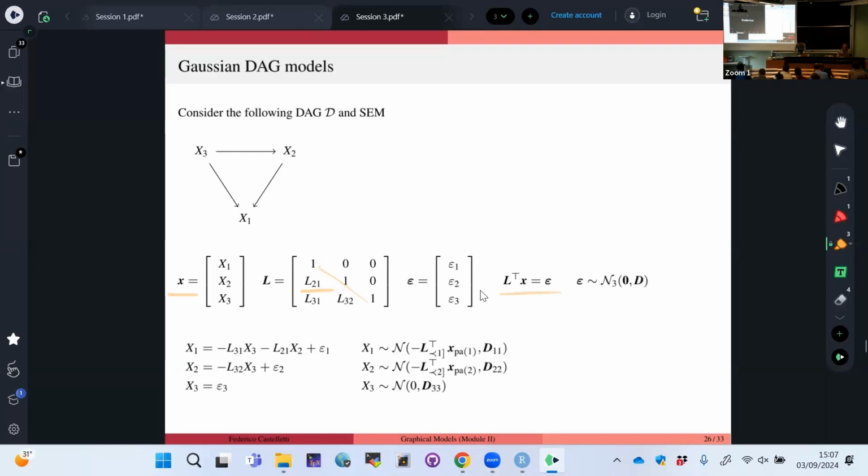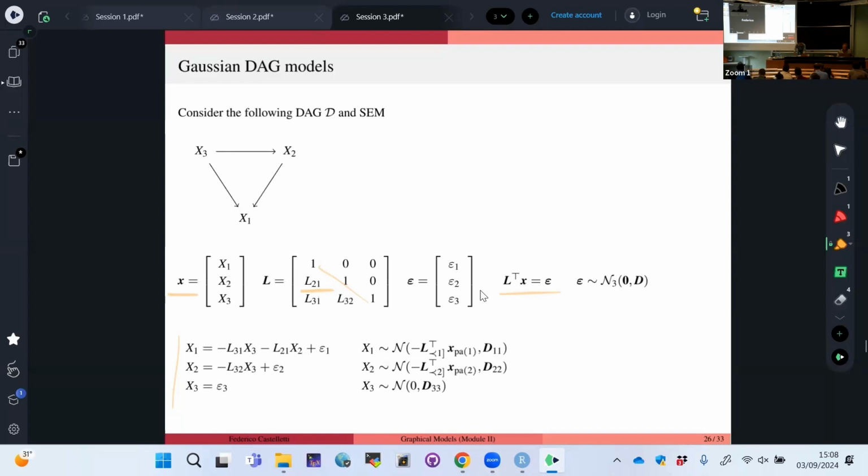So we can write our structural equation model as L prime x equal to epsilon if we want to use matrix notation. Otherwise, we can write explicitly the set of linear equations, one for each variable, x1, x2, x3, which will have this form here, that you can see is very similar to the linear equation in a linear regression model, right?